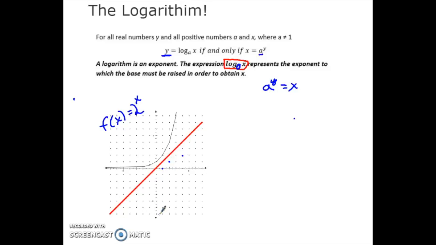We come up, it's asymptotic to the y-axis, and we're going to sketch the curve. It looks something like this. This is the graph that we get if we flip it over the line y equals x, which is the red line right here. And this graph is just log base 2 of x. So log base 2 of x and 2 to the x power are inverse functions.